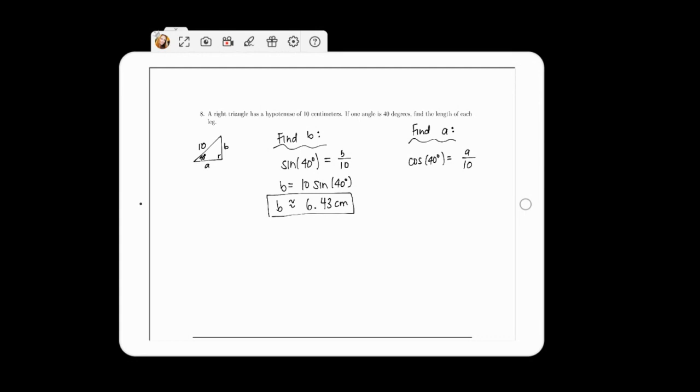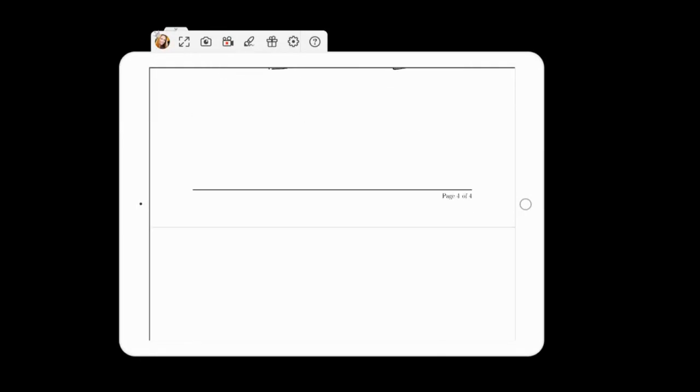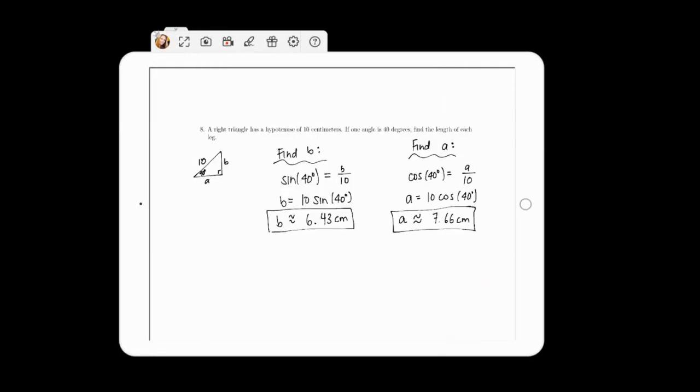So I can solve for A by multiplying both sides by 10. Again, 40 is not one of our special angles, so we make sure we're in degree mode and plug this on our calculator to get the approximate answer. A is approximately 7.66 centimeters. Okay, so that's the end of 5.3.